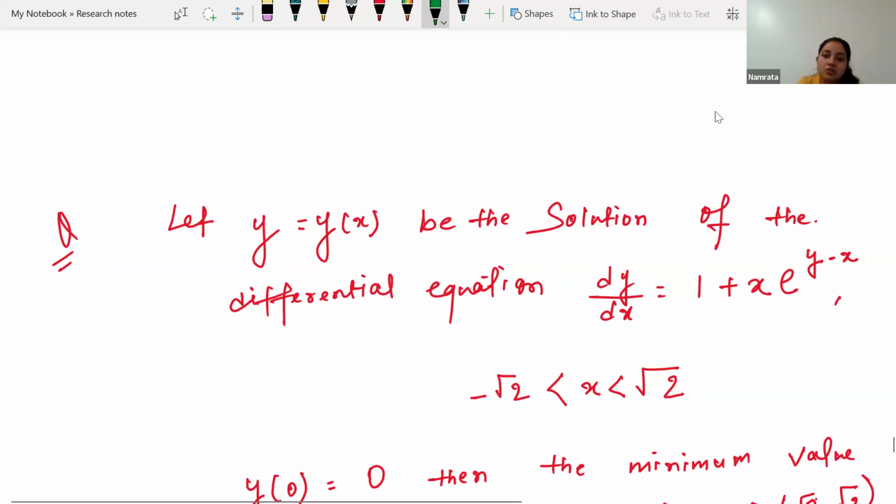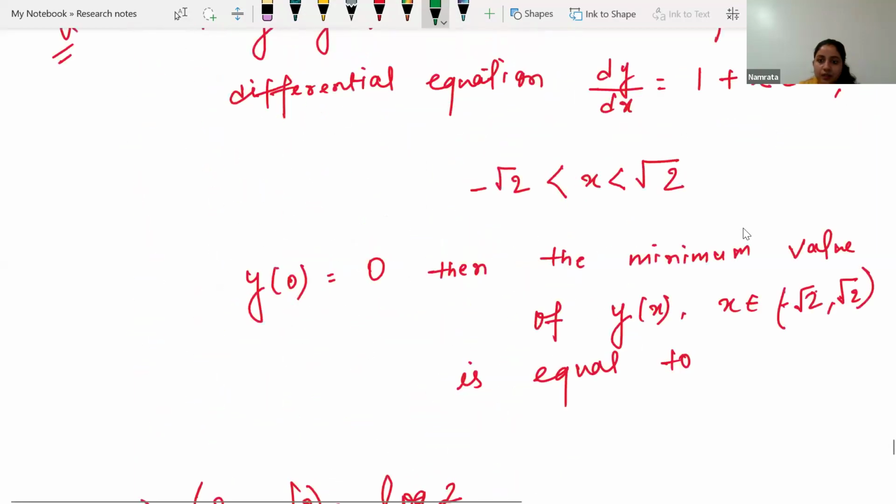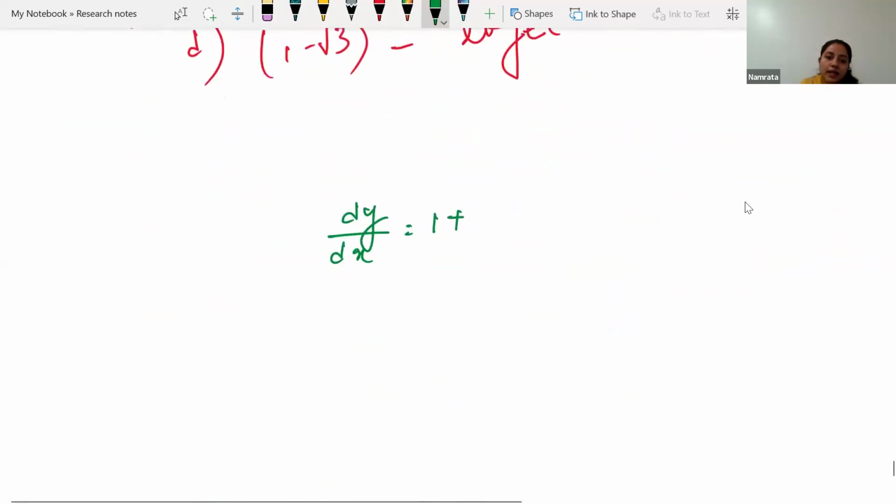So dy by dx is equal to 1 plus x e to the power y minus x.